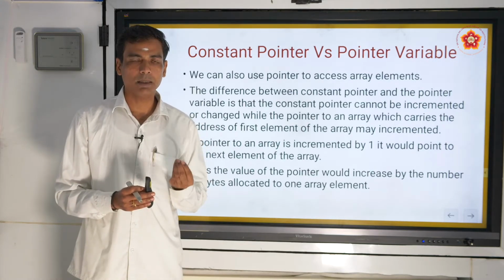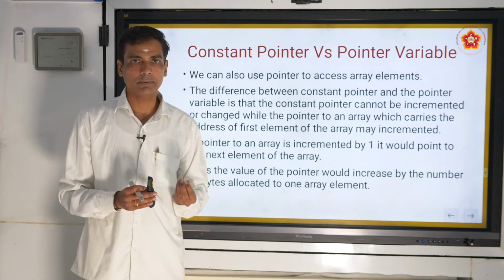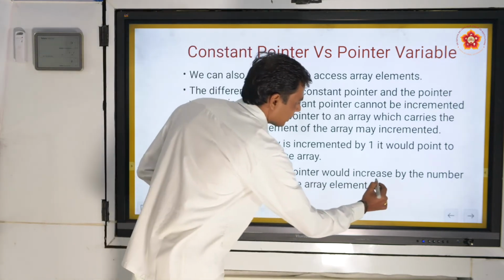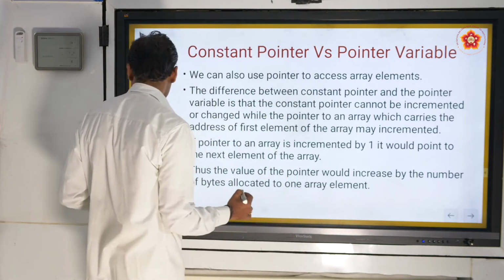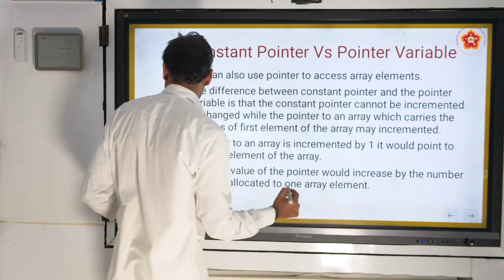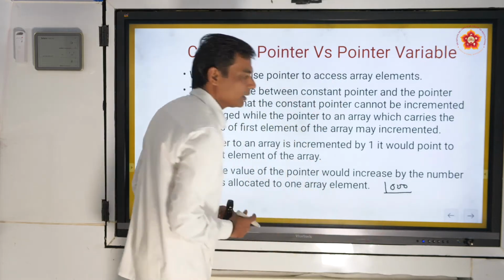Suppose the PTR initially points to the first element in an array which is at the address say 1000. First element is at 1000.